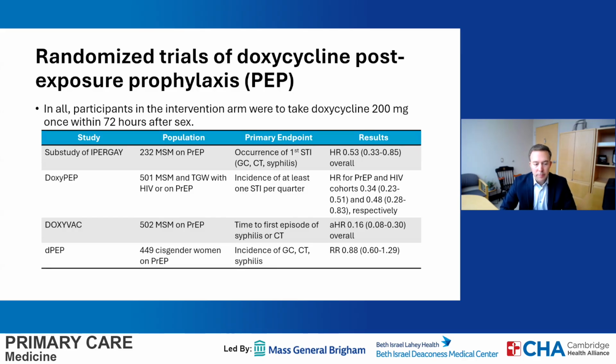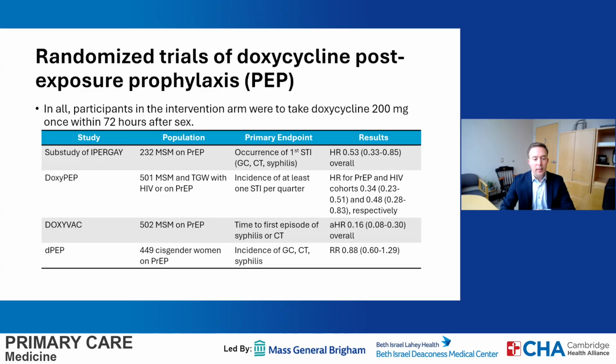I'm showing you here the 4 major randomized trials of doxycycline post-exposure prophylaxis. The top 3 were performed primarily among MSM, and all found a benefit in reducing chlamydia and syphilis, and in some cases, gonorrhea.